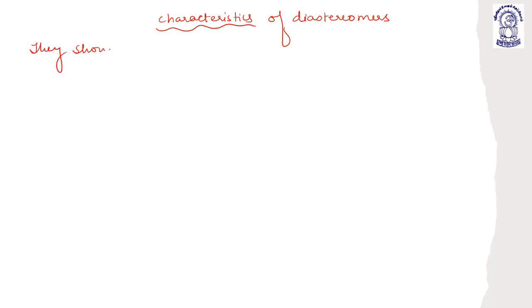Now, what are the characteristics of diastereomers? They show similar but not identical chemical properties.